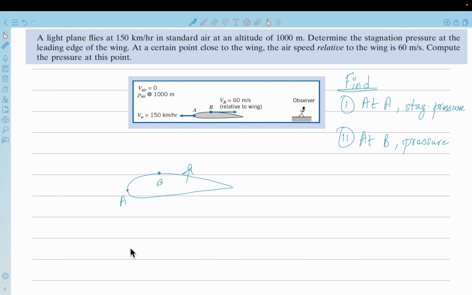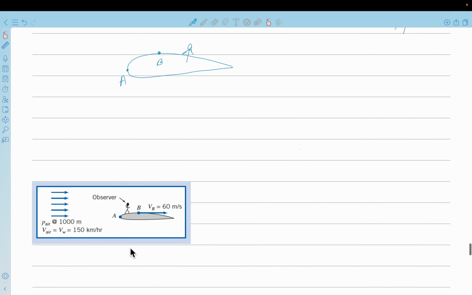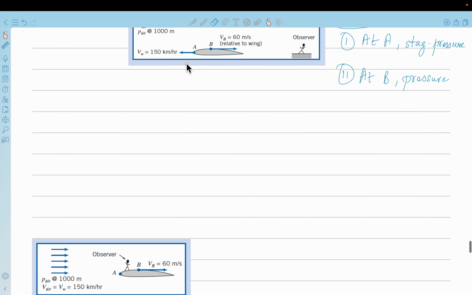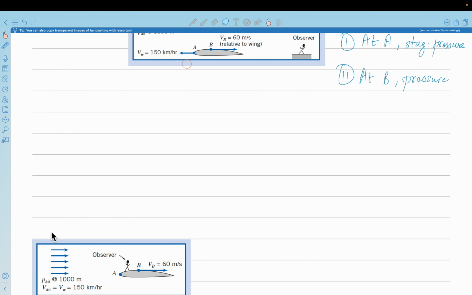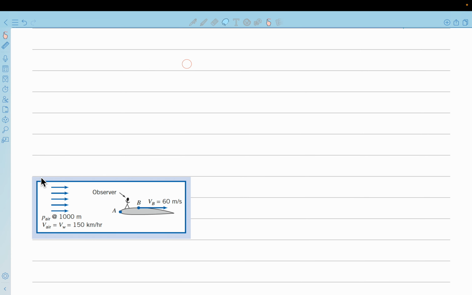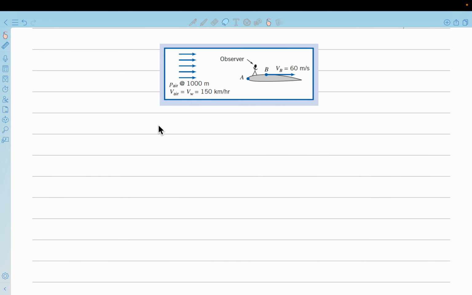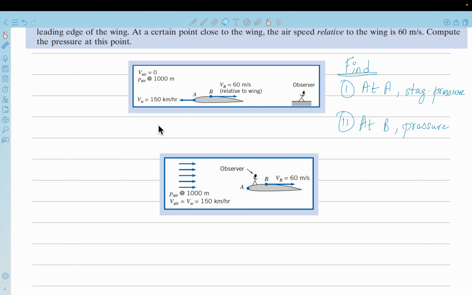Yes, anyone? What is the speed that I'll see at A? Now the observer is on the wing. So what is the speed that you will see at A?